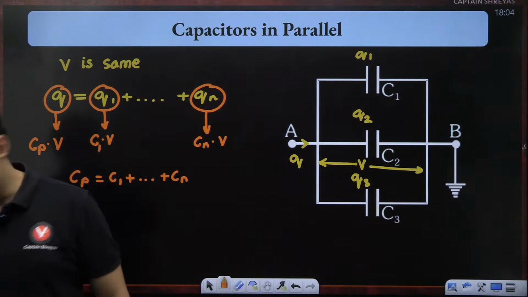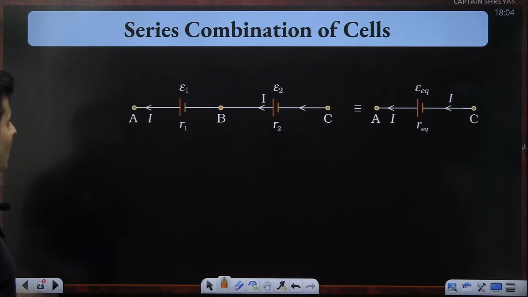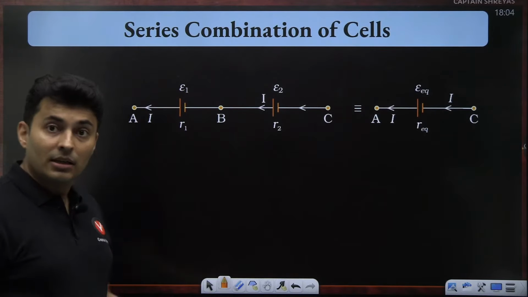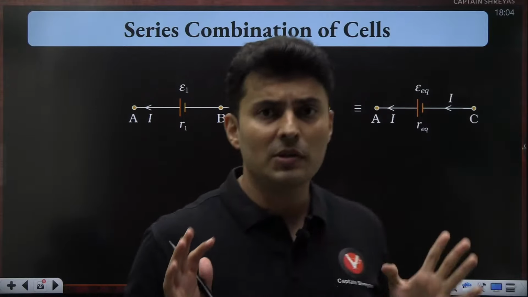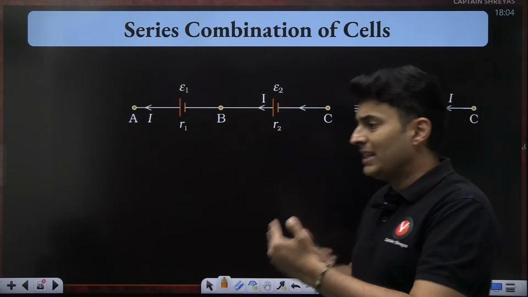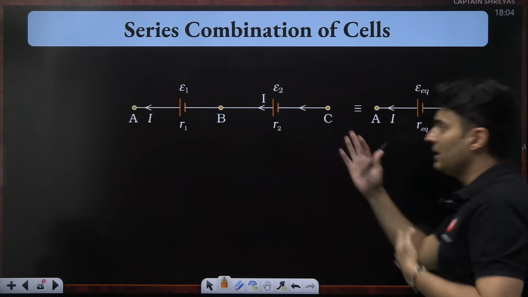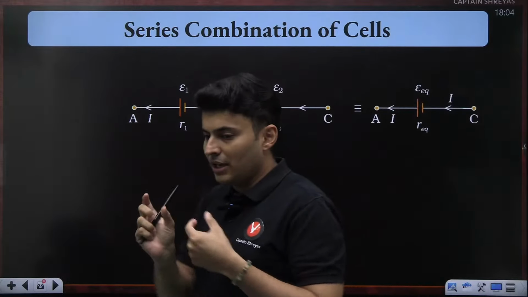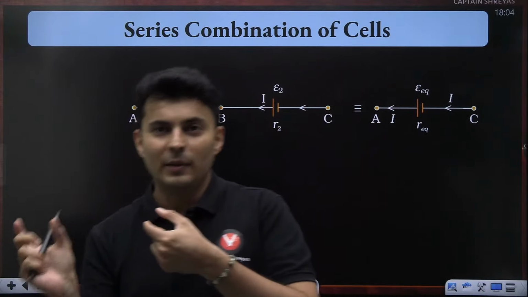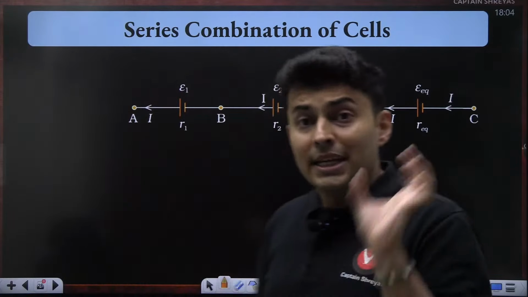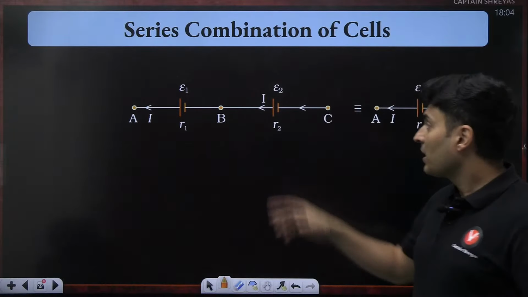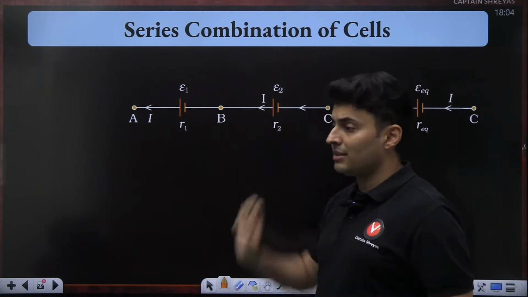Then combination of cells, series and parallel, you should know that also. If you are given multiple cells one after the other in series, like you take a battery, connect it to another battery, connect it to another battery, each battery will have its own EMF. Each battery will also have its own internal resistance.